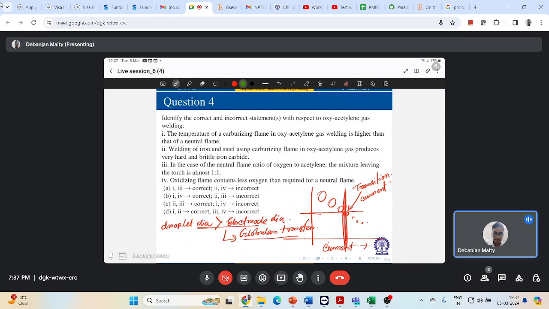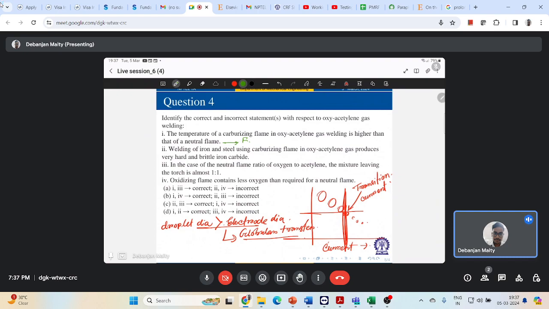It says the temperature of a carburizing flame in oxyacetylene gas welding is higher than that of a neutral flame. Is this correct? This is not correct, right? Reducing flame will give me lower temperature than the neutral flame. Oxidizing flame will give me the highest temperature, right?